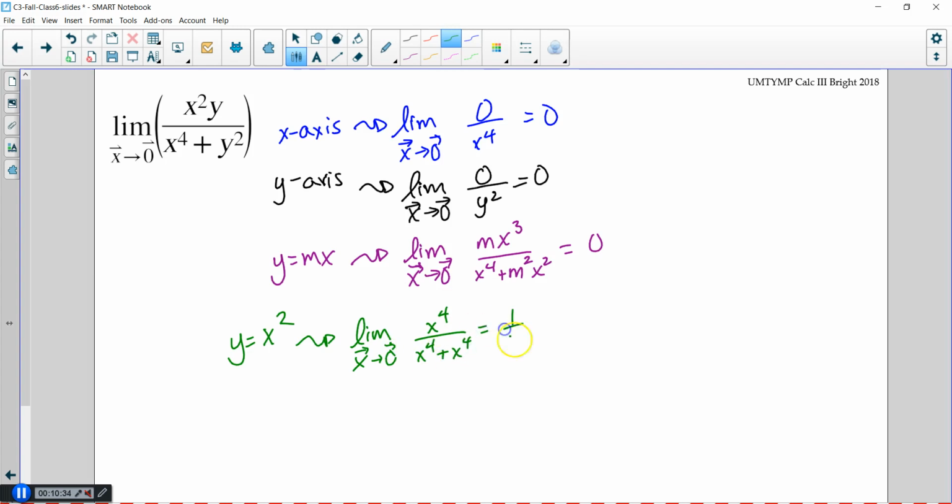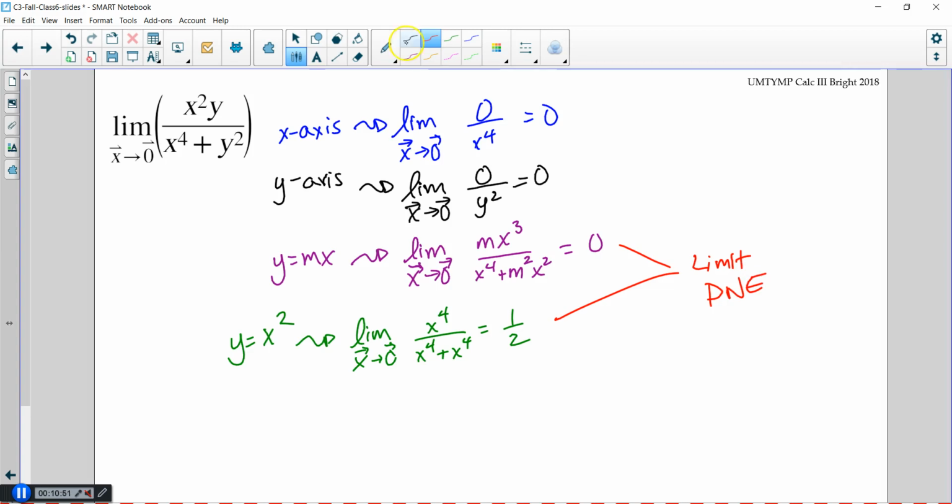Oh, that's just 1/2. Guess what? The limit does not exist.